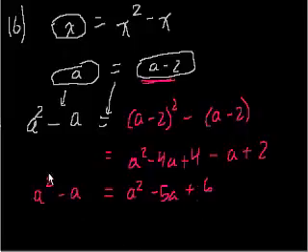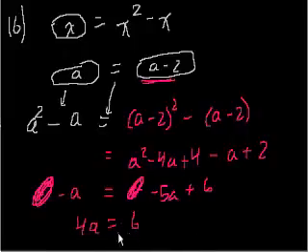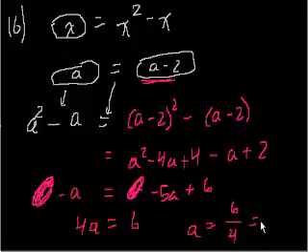Can subtract a squared from both sides, right? Let me add 5a to both sides. So you get 4a is equal to 6. Divide both sides by 4. You get a is equal to 6 over 4, which equals 1.5 or 3/2.